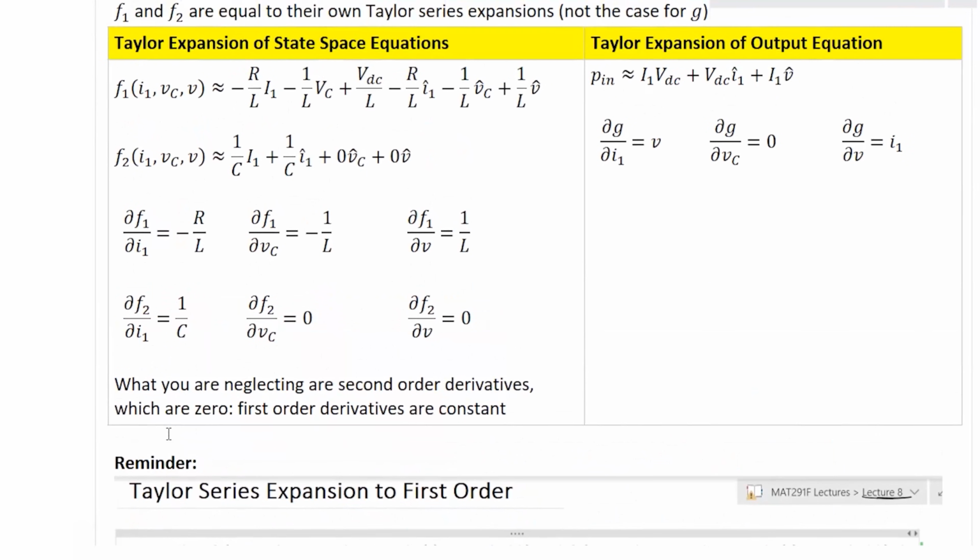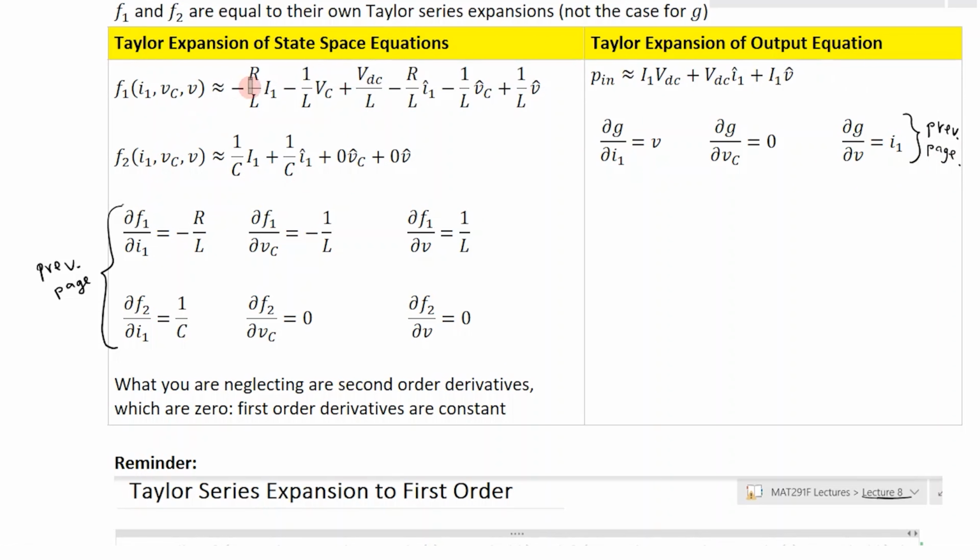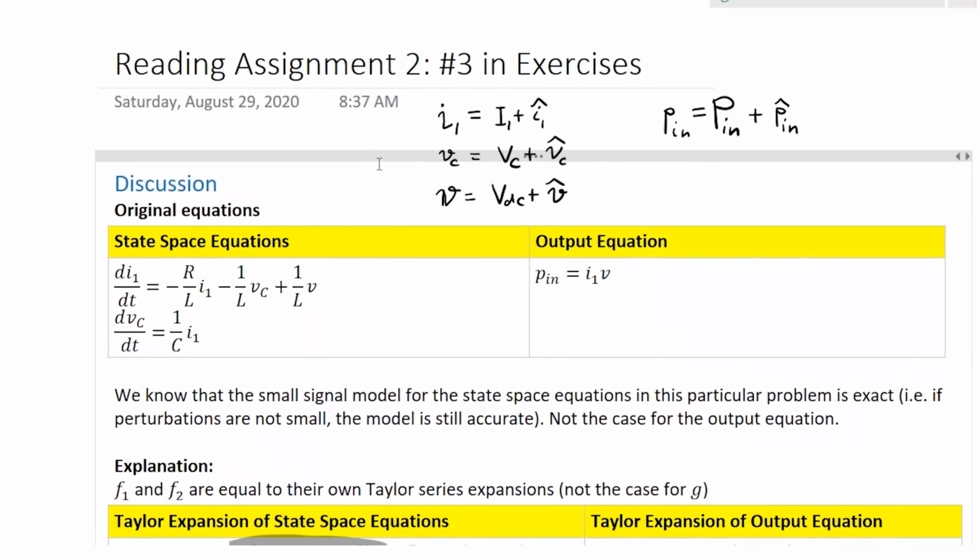So let me do it for this particular case. Here, I just copied these from the previous page. And then I'm plugging in everything that's important. Okay, this is the DC value. So it's just F1 with DC values for variables plugged in.